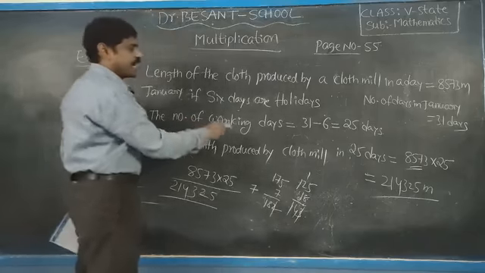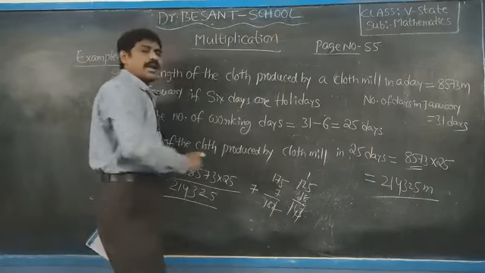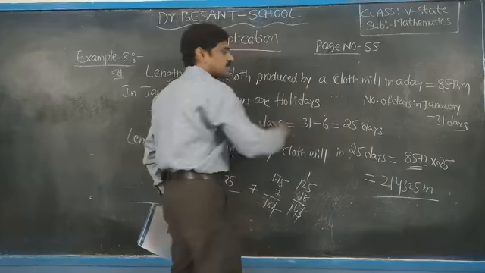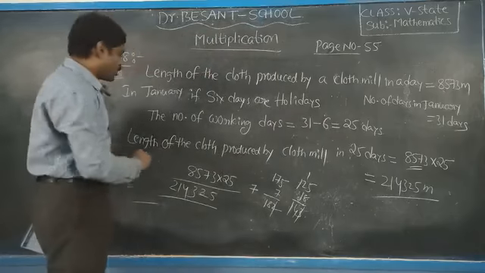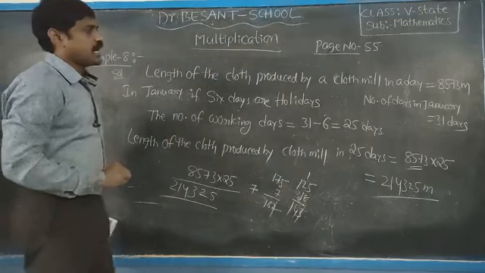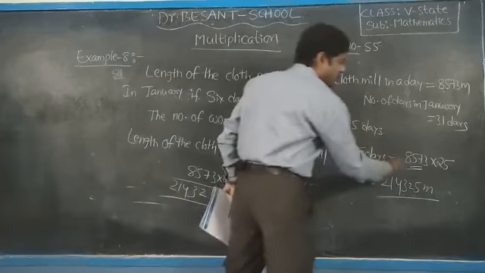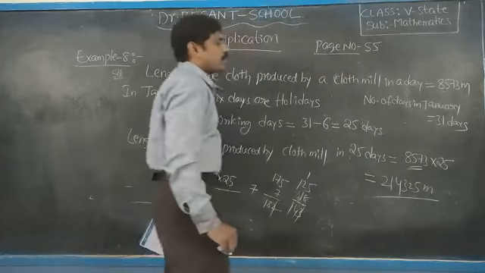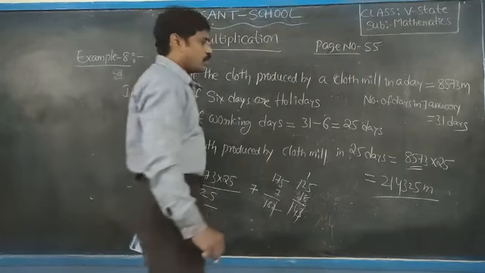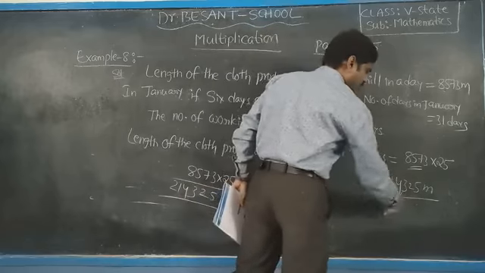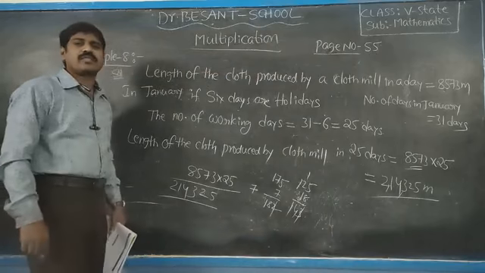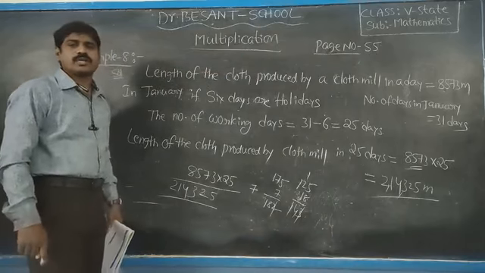So for the number of working days, holidays we have to subtract. 31 minus 6 is 25. Now length of the cloth produced in 25 days means this 8,573 we have to multiply by 25. So that is equal to 2,14,325 meters we can produce according to this system.